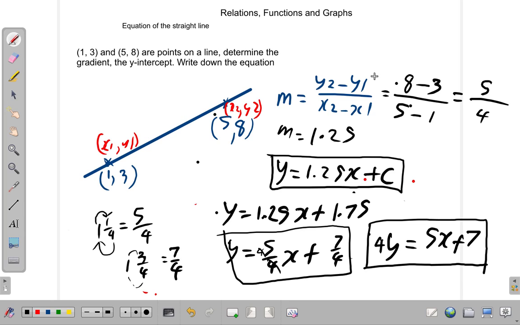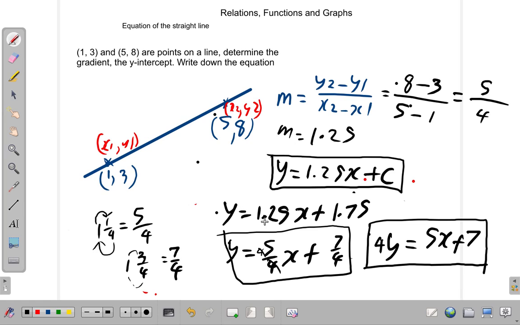Which one of them is y2? You put the number here. And you divide by x2 minus x1. You identify x2 minus x1 as well. And then when you calculate this, what you get is the gradient of the line. Alright?